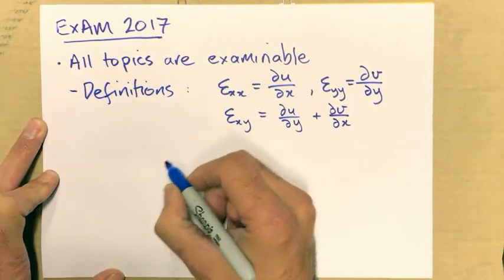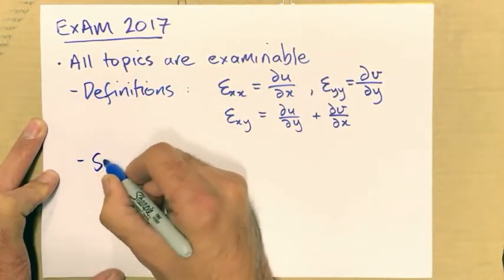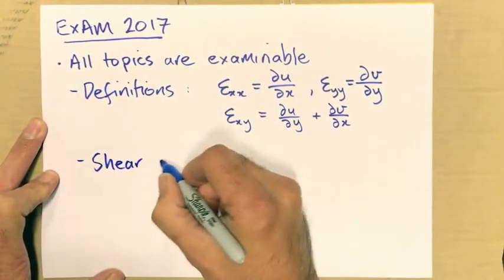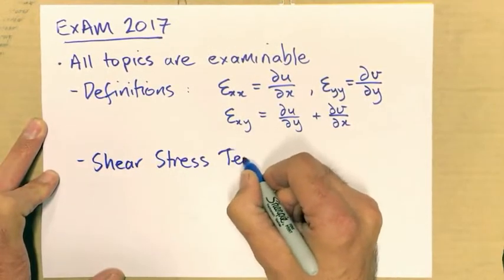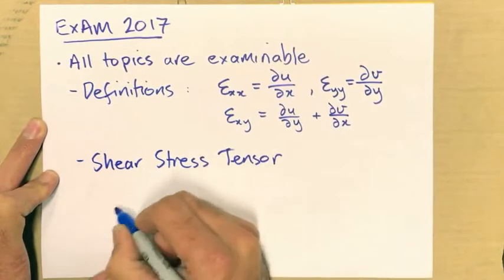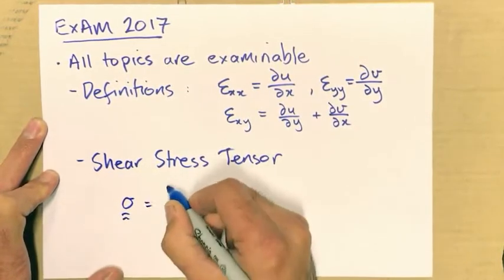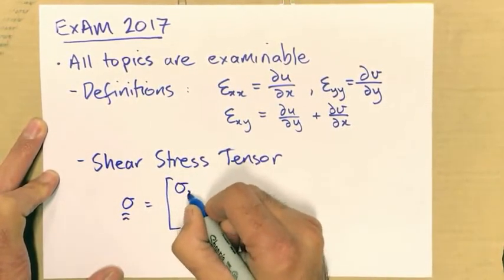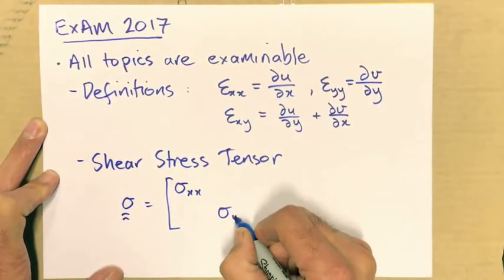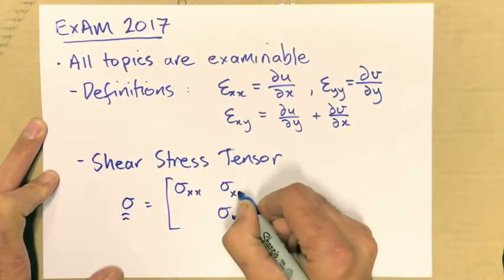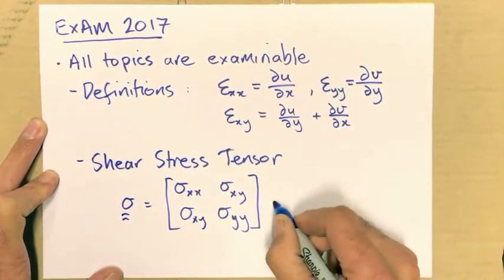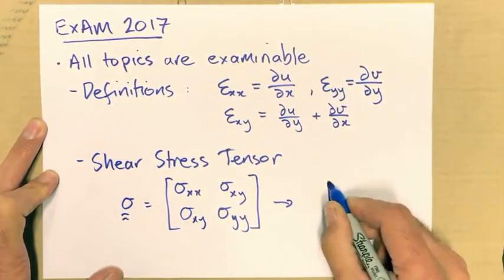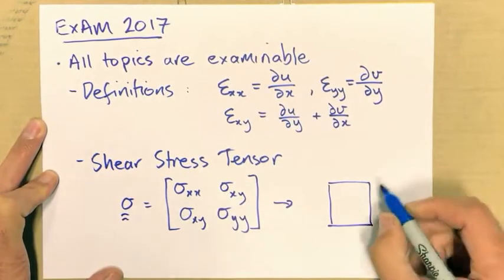Also expect you to know the shear stress tensor, okay, which is basically the definition of stress. I showed you that at least in 2 dimensions, the shear stress tensor looks like this, and I would expect you to be able to sketch from that what the stress looks like on a solid element.